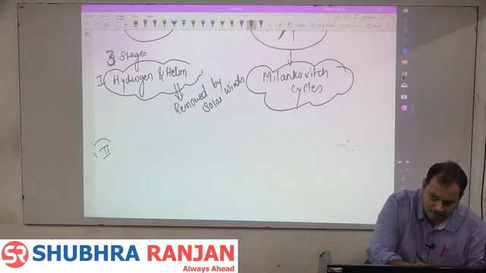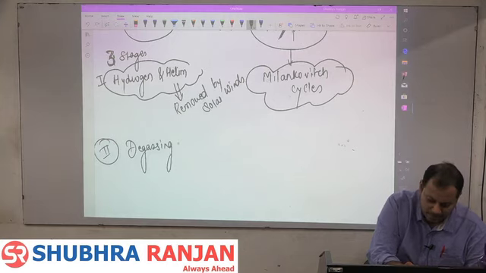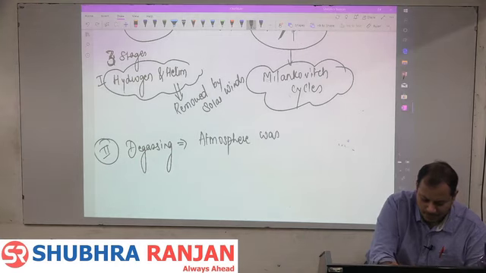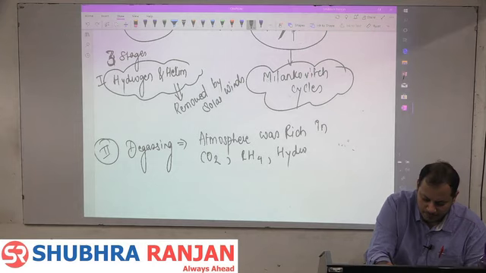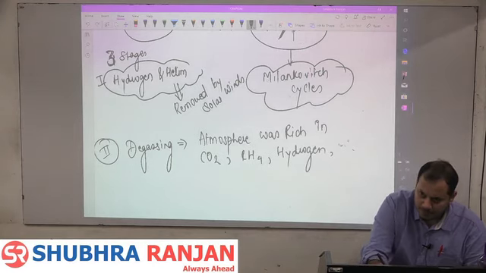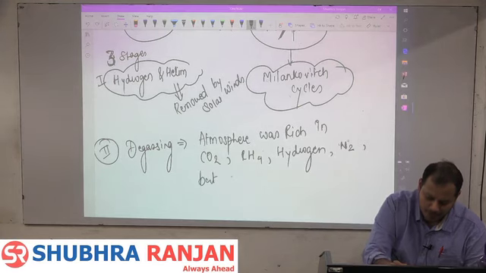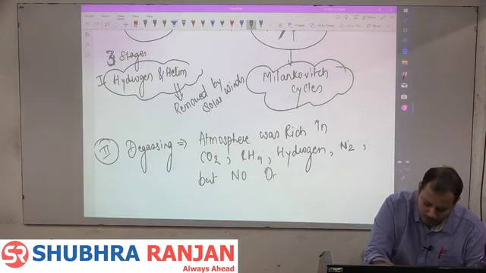In the second stage there was degassing, meaning too much volcanic eruption, and therefore the Earth's atmosphere was rich in carbon dioxide, methane, hydrogen, nitrogen, but no oxygen.